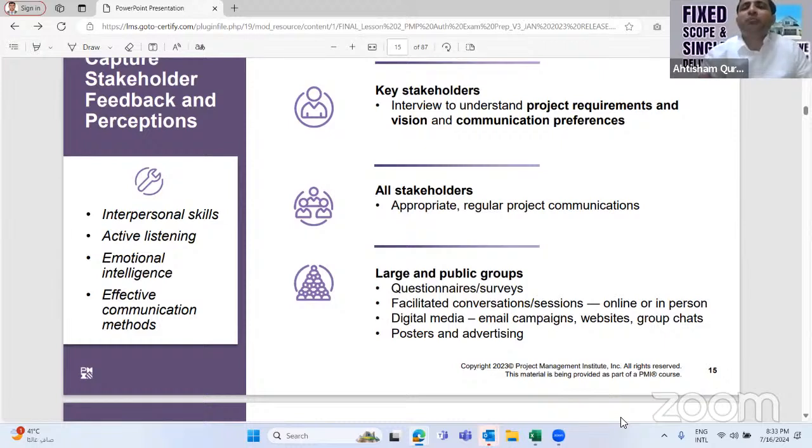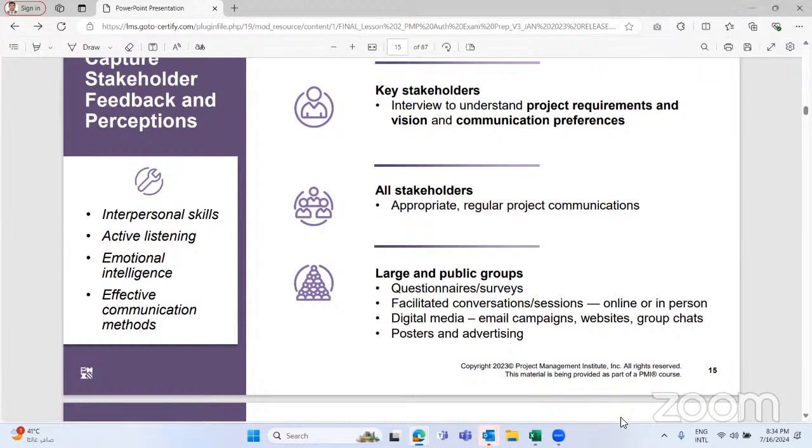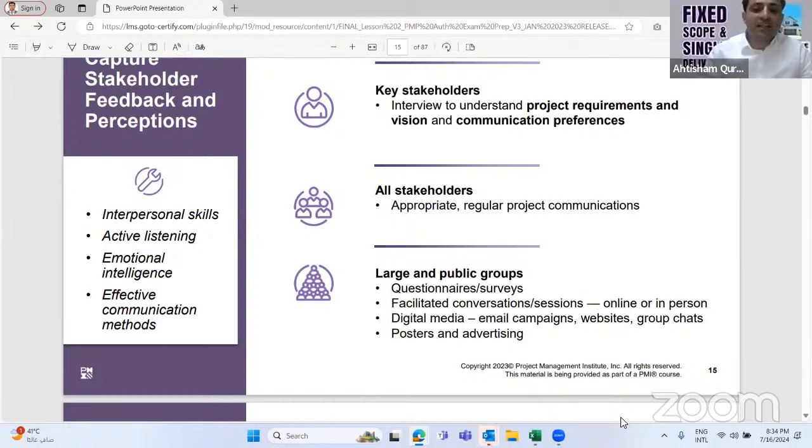So now to capture the stakeholder feedback, it is really important that we devise a mechanism to capture the feedback. It could be written, oral, verbal. So we need to be attentive. We need to use our emotional intelligence and specifically our active listening ability, right? So you need to hear them out, what they wanna tell you.